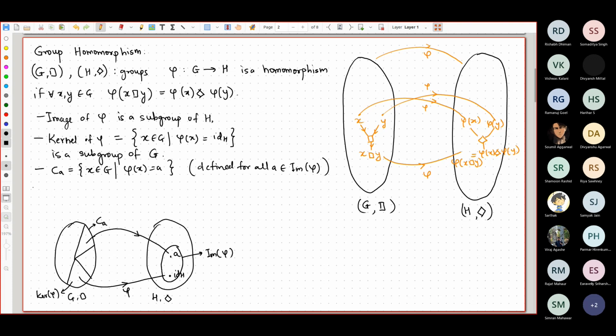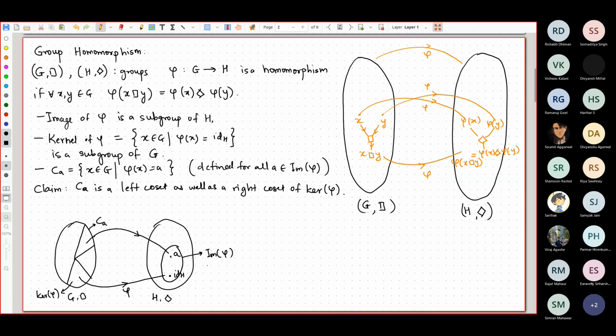Now the claim we were trying to prove in the last class is that C_A is a left coset as well as a right coset of the kernel of phi.